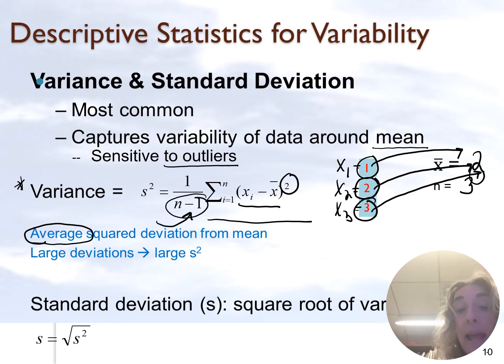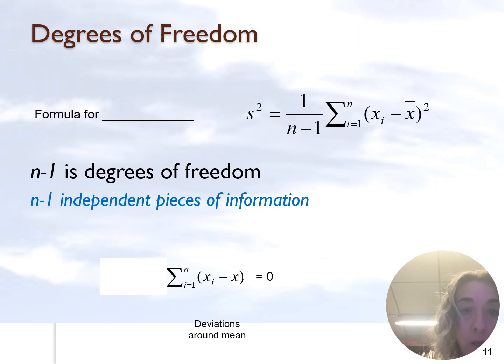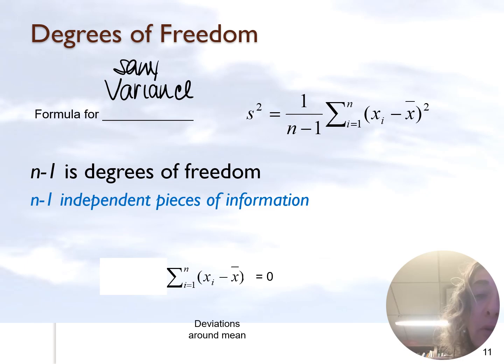So that's why we say variance is the average squared deviation from the mean. Okay, standard deviation, or S, is simply the square root of the variance, directly derived from the variance. Okay, so again, over here on the right is our formula for the variance, or the sample variance. Take the square root, you'll get the sample standard deviation.